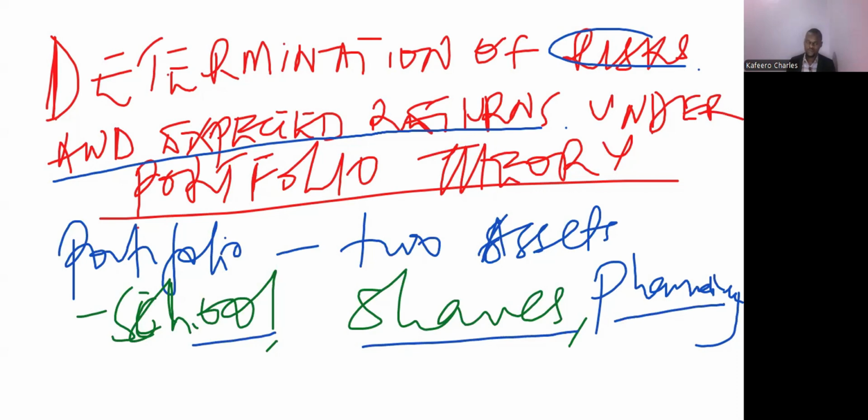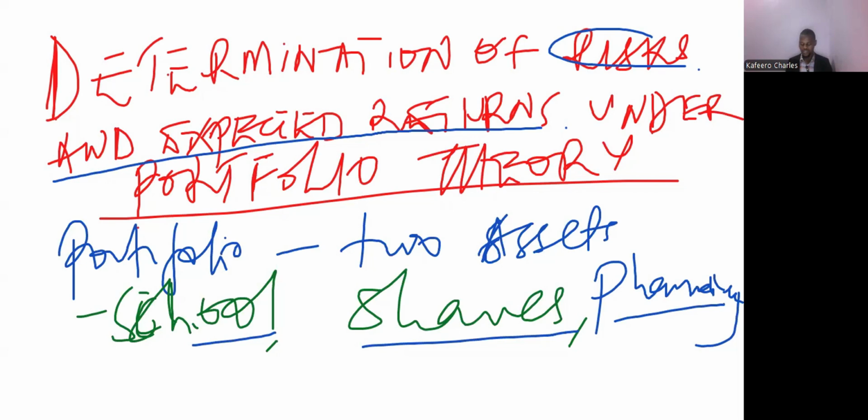So if you have 3 business ideas that you want to invest in, as far as the scope of advanced financial management is concerned, we are going to specifically look at only 2 investment projects.